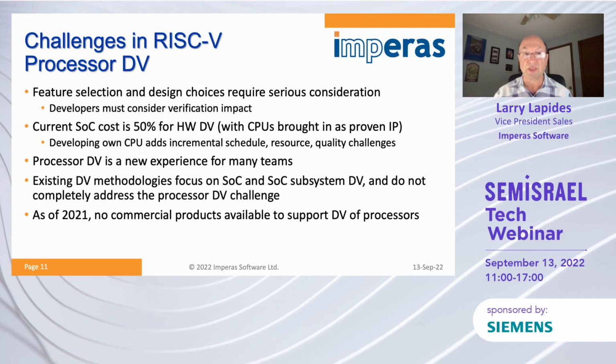Teams have done SoC and SoC subsystem DV, but not processor DV, and that's different. Existing methodologies also have the same bias, this focus on SoC and SoC subsystems, and do not completely address the processor DV challenge. And as of 2021, up until Imperas in December of last year, no commercial products were available to support DV of processors.